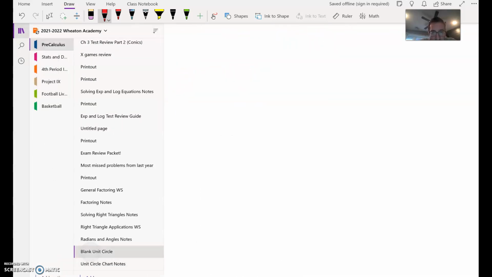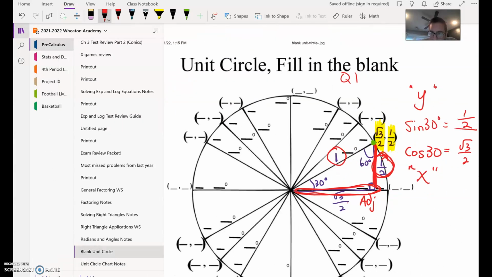What we're memorizing there are these coordinates. It's all those red circles. And then the cosine of 0, 30, 45, 60, 90 in the green circles.